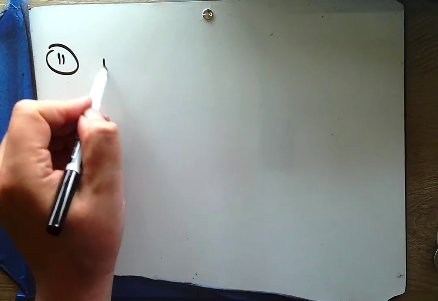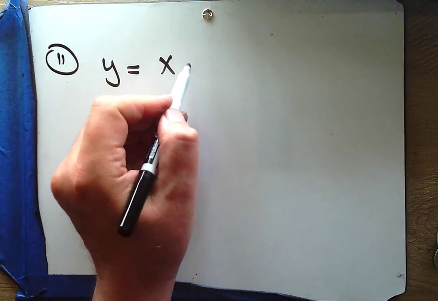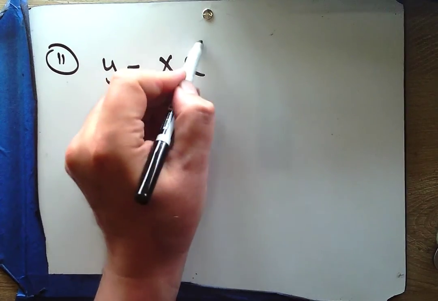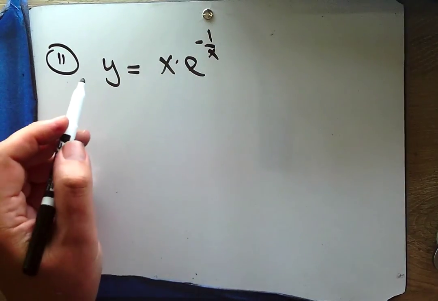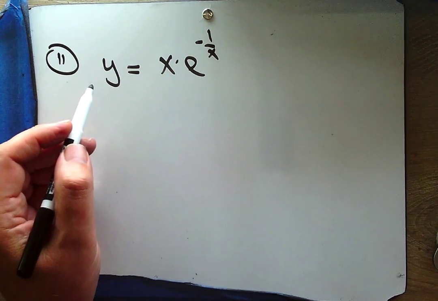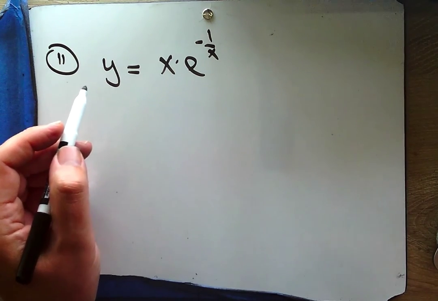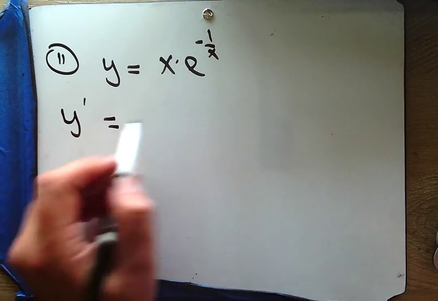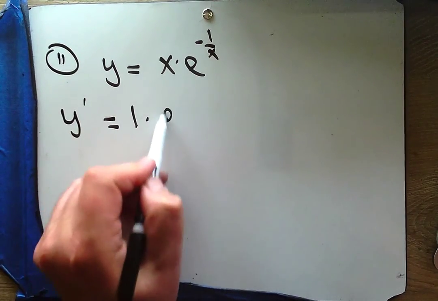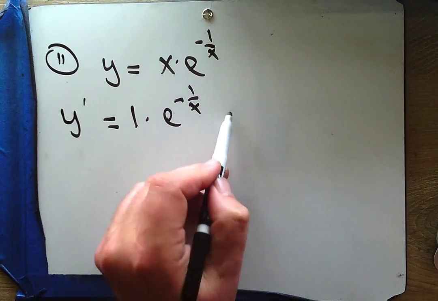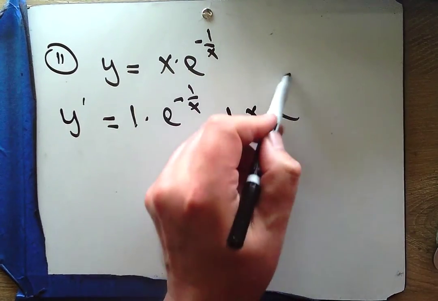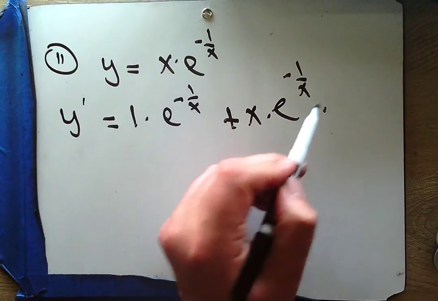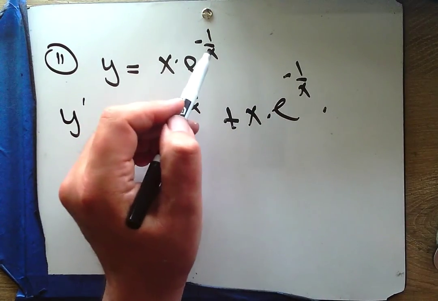Problem 11. y equals x e to the negative 1 over x. Ew. No. We love all the functions. Don't be prejudiced. y prime equals 1 times e to the minus 1 over x, plus x times the derivative of e to the is e to the times the derivative of that inside function.